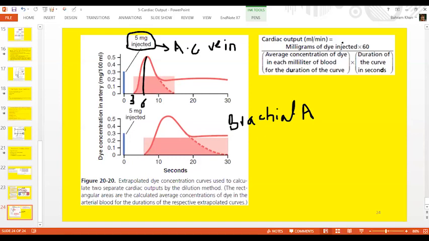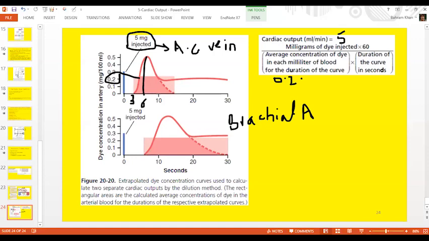The amount of dye injected is equal to 5 milligram, and we will multiply it with 60, and the average concentration is this 0.25. 0.25 milligram per deciliter is the average concentration of the dye.